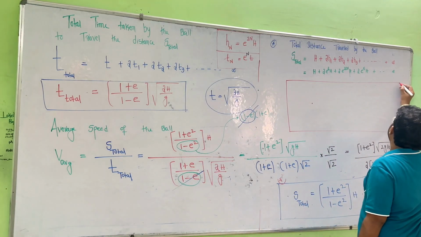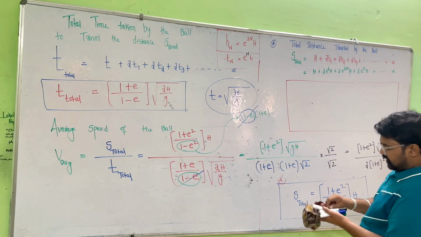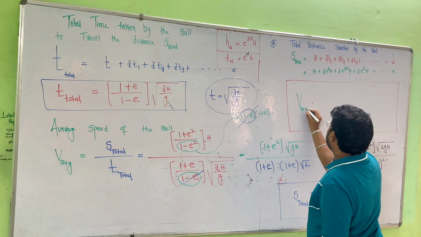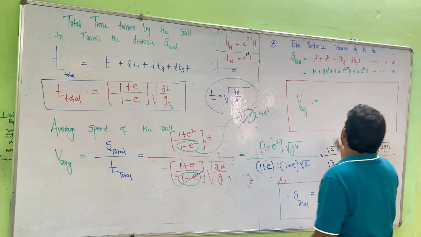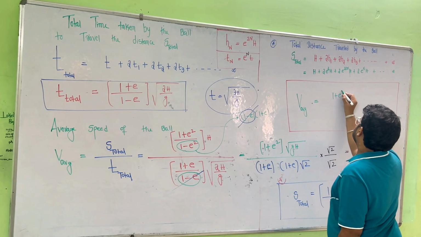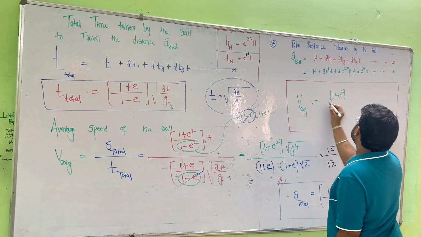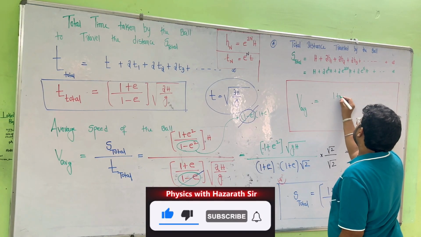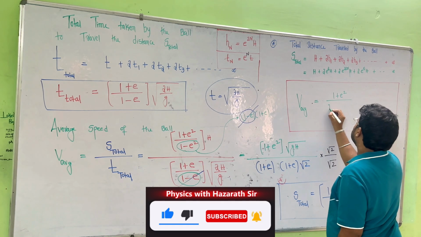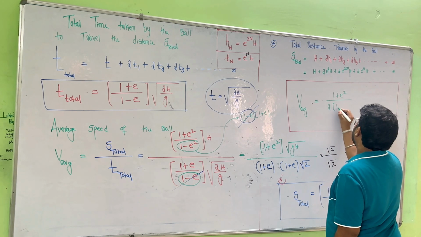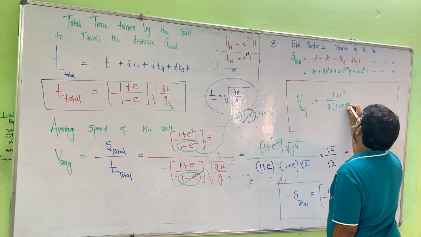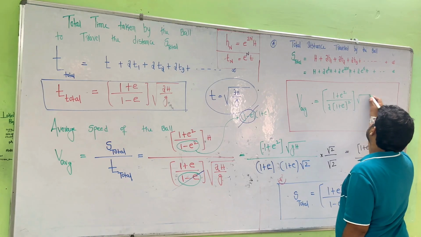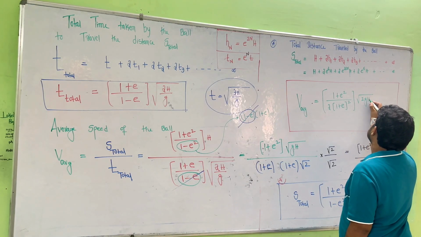Average speed V average equals 1 plus e square by 2 times 1 plus e whole square, into square root of 2gh.